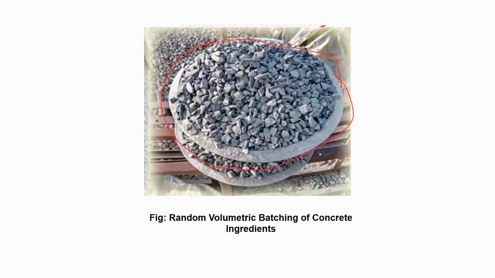When you are measuring the ingredients by weight, you will take it according to its weight. But when you are using volumetric batching, then for coarse aggregate, if the aggregates are elongated and flaky, though it will take more volume, the quantity of aggregate will be less, because there will be more voids in between those particles of coarse aggregate.